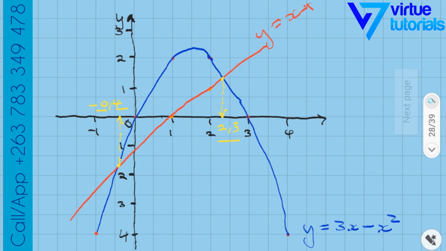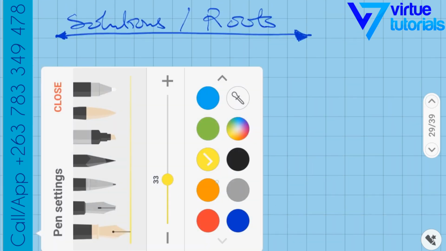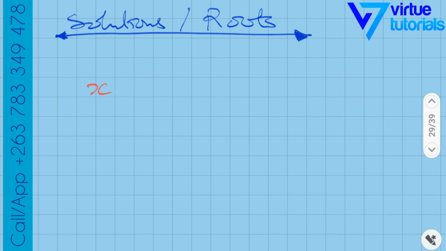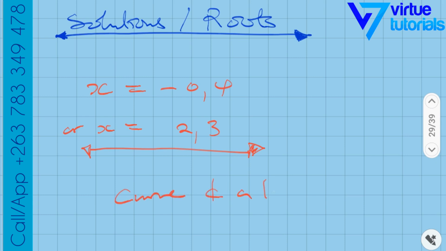Again, these are my solutions. I've solved the equation, right? X is equal to minus 0.4, or x is equal to 2.3. These are my roots. You're simply having a curve and a line, and you are checking where they meet.